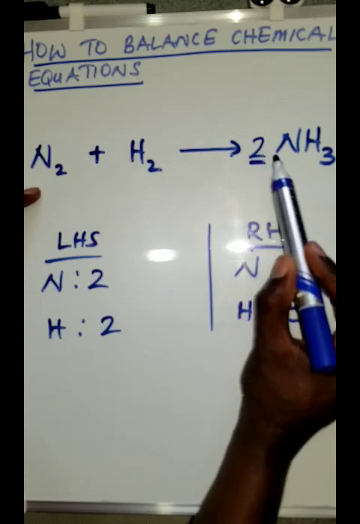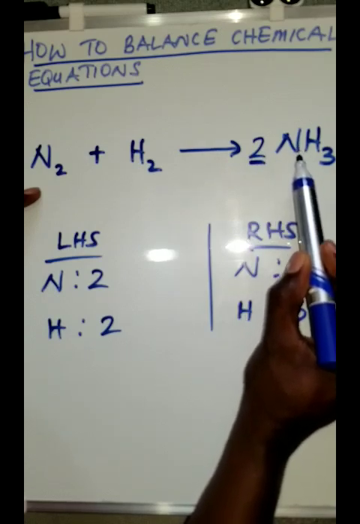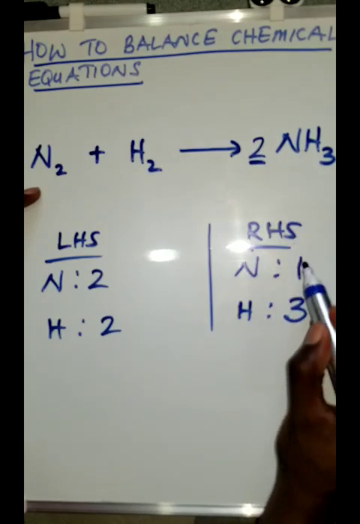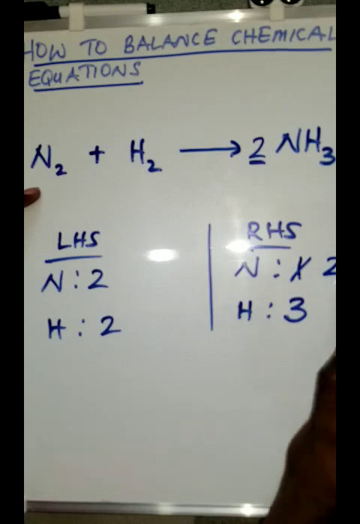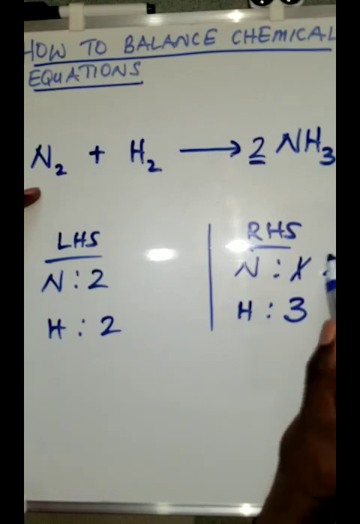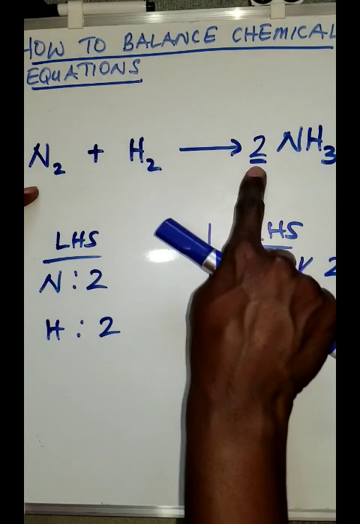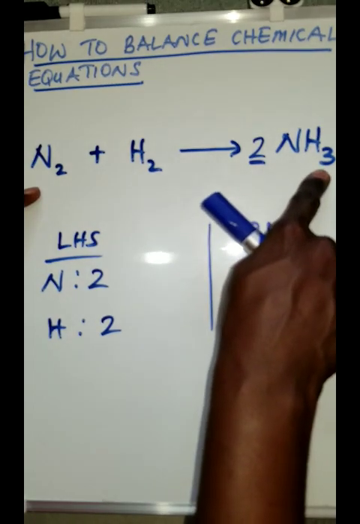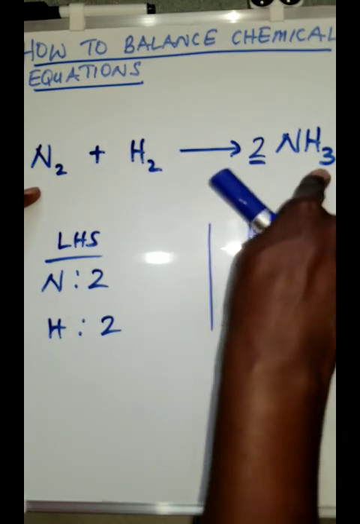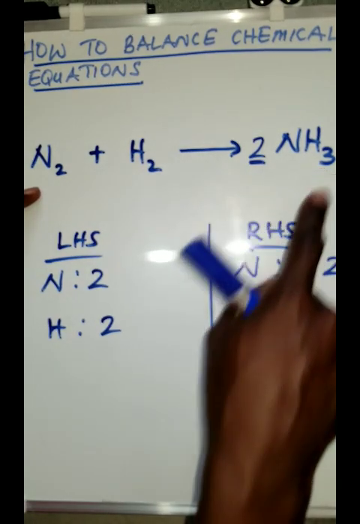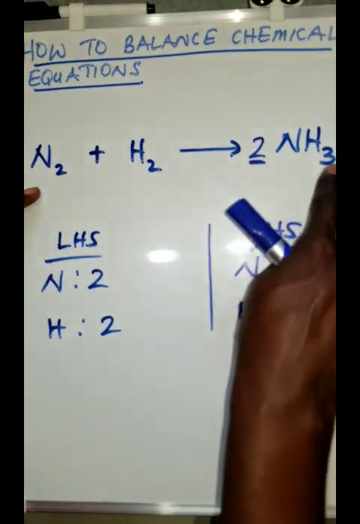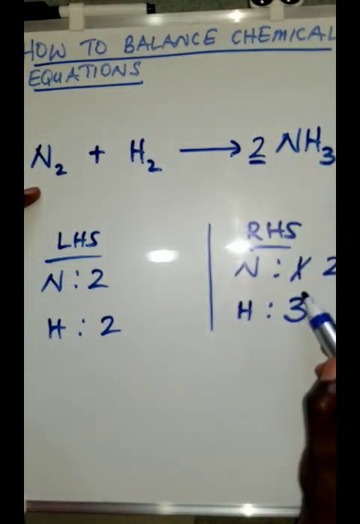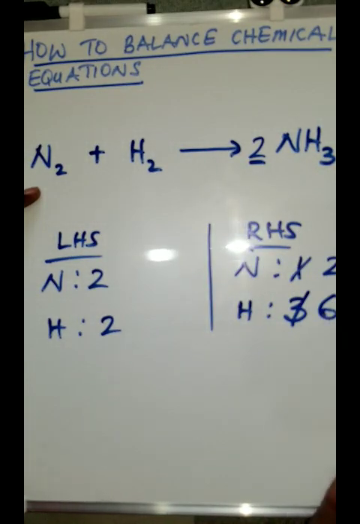Now when you add 2, remember there's a 1 at the bottom, so 2 times 1 simply means you have 2 nitrogen atoms. But when you add this coefficient, the number of hydrogen atoms becomes affected. So it will be 2 multiplied by 3, which will now give you 6.